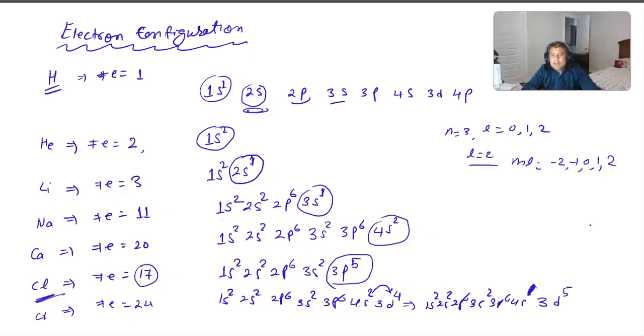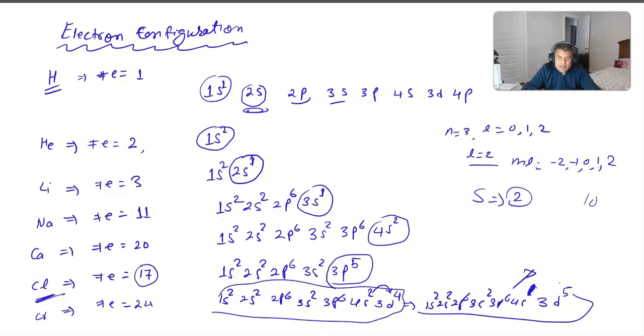Both are happy. The s orbital can have 2 electrons, that's why 1 is half of 2. This is fine. And d should have 10 electrons, 10's half is 5, that's why it is fine. So instead of this electronic configuration, chromium has this electronic configuration.